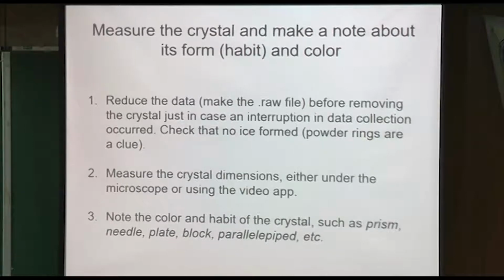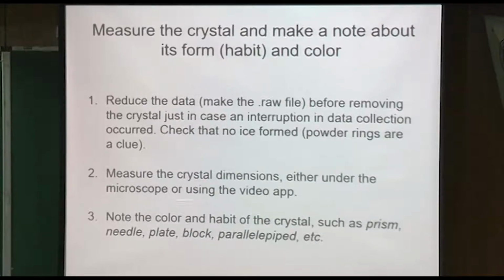If there's a big ball of ice, that's going to really mess up your experiment, because it's blocking the X-rays. It's making big powder rings of ice on the images, and it's not really nice. Sometimes there's a power outage and it stops for a while, or the detector has a fault or something. So I really recommend that you make sure it's finished before you take the crystal off, if possible.